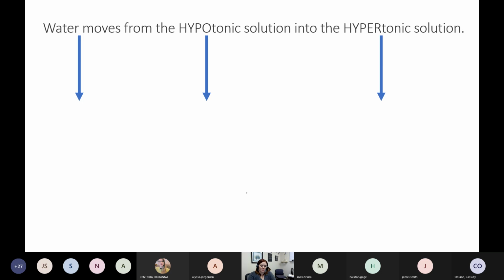So just to break down that statement from the previous page, I want to remind us, when we talked about water being the thing that's moving, remember that's osmosis. So in osmosis, water moves, and water is going from where there's lots of water, lots of H2O, into where there's little water.